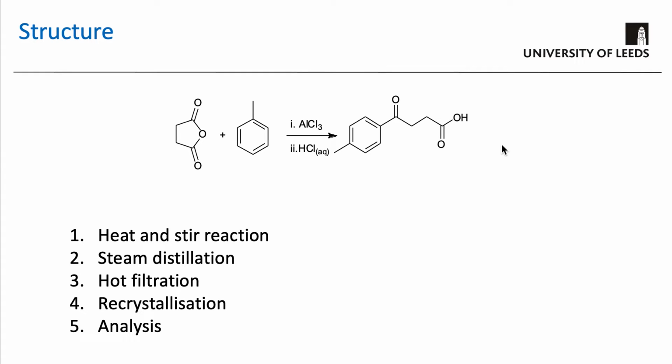So instead you can add water and distill the toluene off with water, because toluene and water can azeotrope off together. That's what you're doing in this distillation. One of the key things to remember is, because you're removing toluene in this distillation, you don't want to keep the distillate. You want to keep the original flask that you're heating. This is where your product is going to reside. Then you're going to do a hot filtration to remove insoluble impurities, and then a further recrystallization to get a nice solid out at the end.